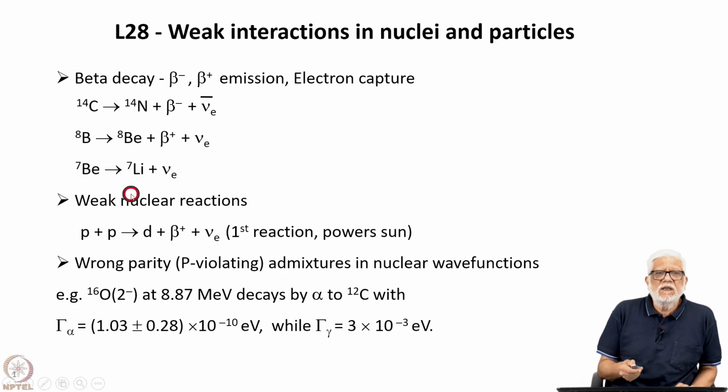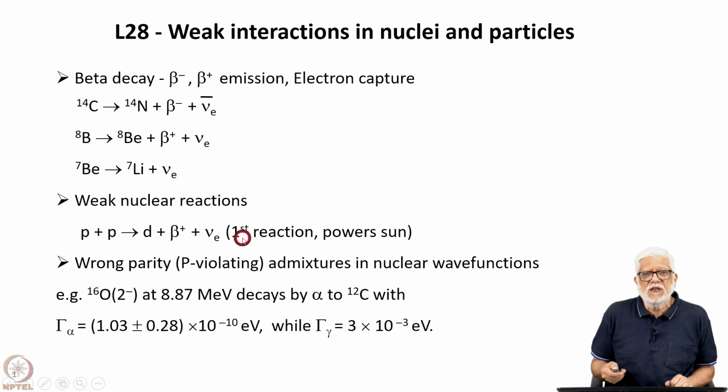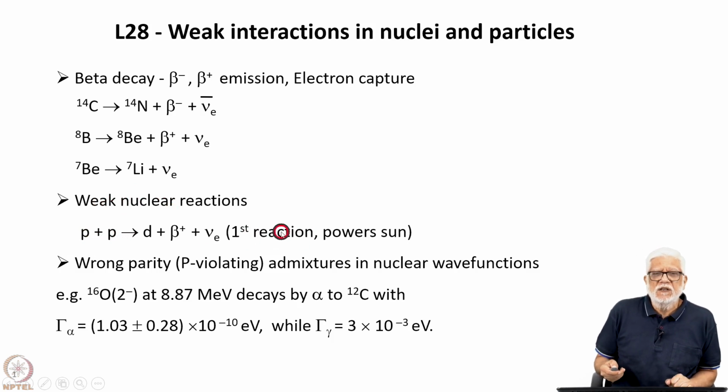Okay, then there are also weak nuclear reactions that take place. For instance, the very first reaction that is part of the PP chain that powers the sun, so this is a fusion reaction, but this is not a strong fusion reaction in the sense that there is a beta plus and a neutrino involved in that.